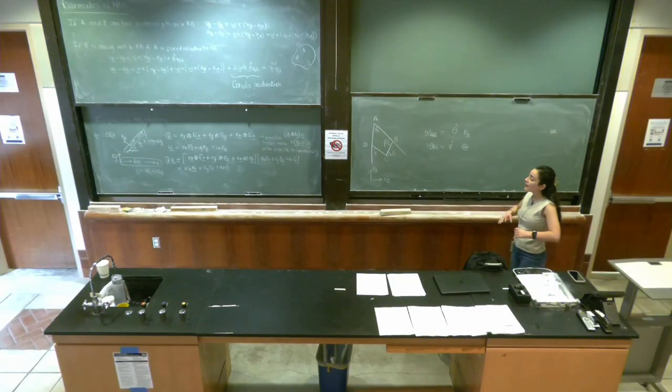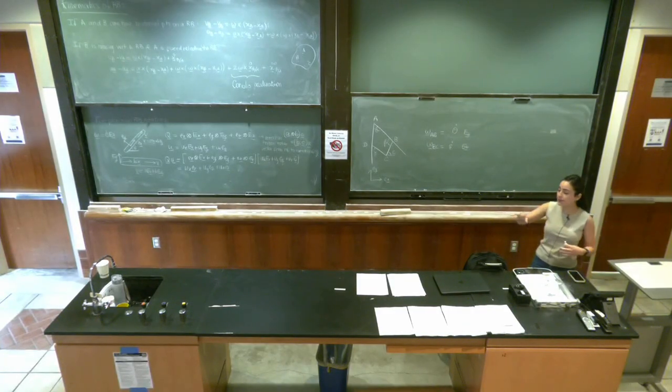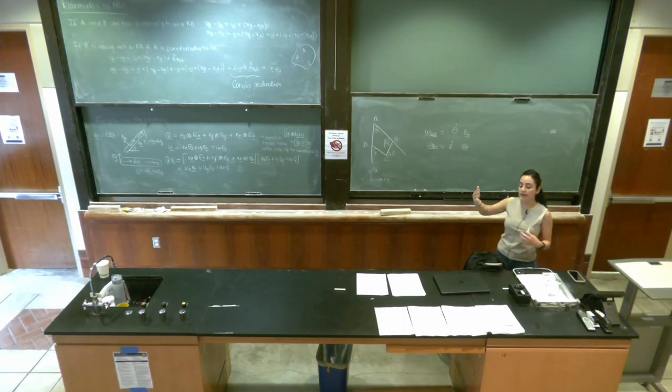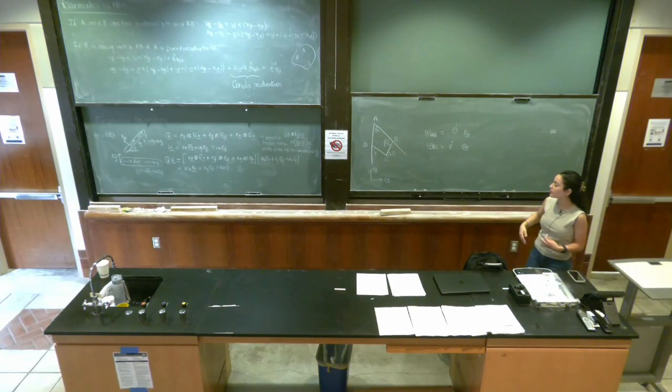Yes, the angular velocity of a rigid body that is rotating in the plane is the rate of change of the angle that any material line on the rigid body makes with some fixed reference line. Maybe I'll write that down.